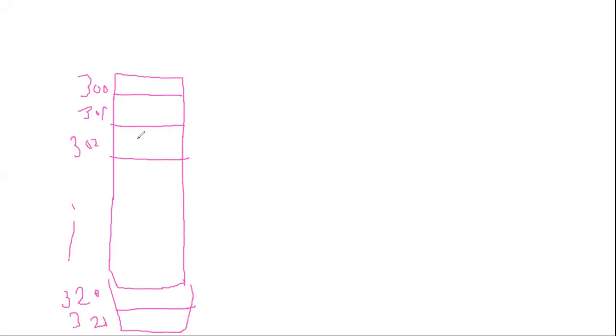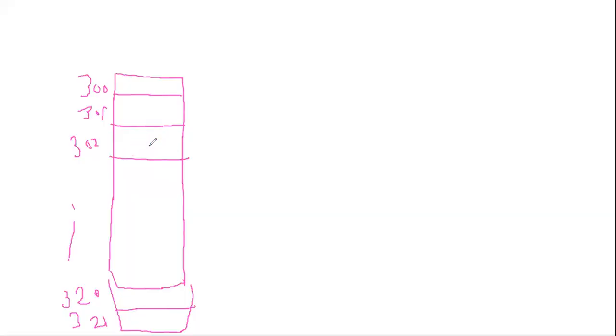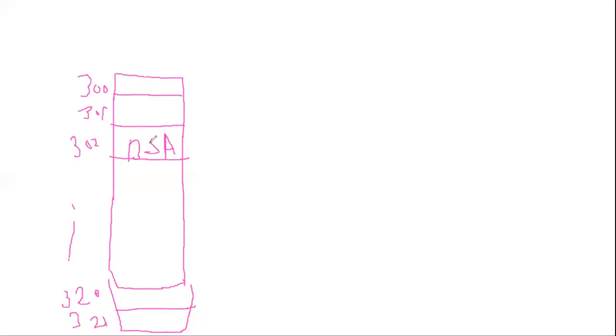Now here there is a BSA instruction, say for example. BSA means you are jumping, branch and save the return address. So here it is written that you have to move to location 320.